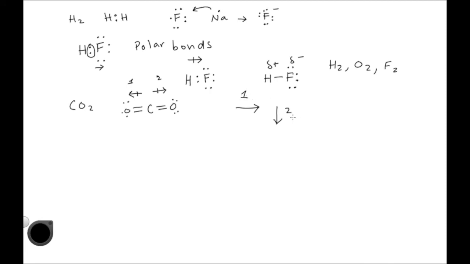So to add vectors, I would take vector 1 and connect it to the tail of the second vector, vector 2, and then draw a new vector from the tail of vector 1 to the head of vector 2.